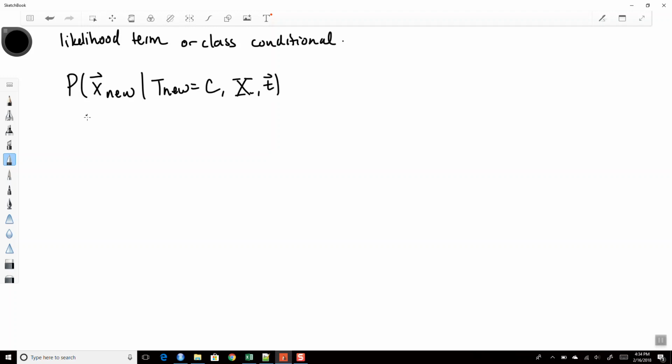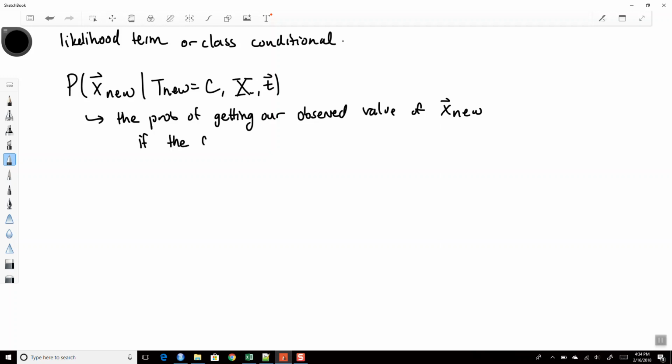And this is basically the probability of getting our observed value of x new if the class was class C.